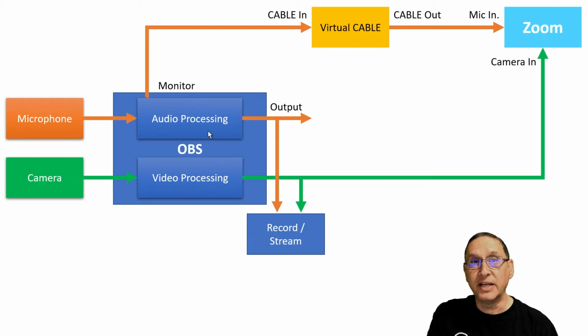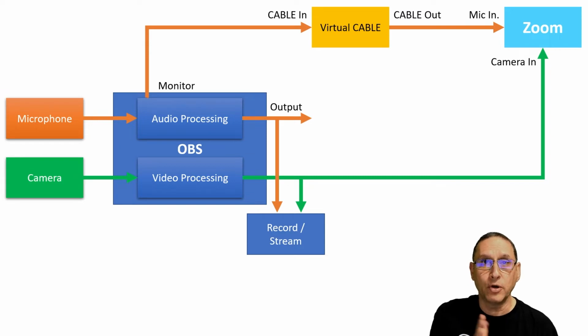And specifically, the processing of sync or moving the camera, the sound, the audio versus video, that is not handled at this point yet. So for recording purposes, I can play with it, I can change it, and I can move the video and audio around to get them in sync or out of sync, whatever I prefer. But that's only for the recording, not to go into Zoom.